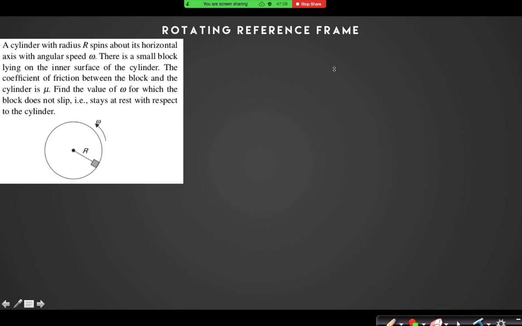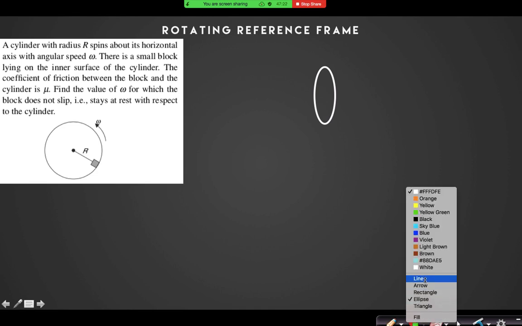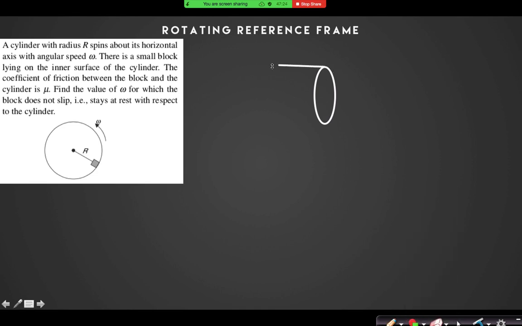What is this horizontal axis meaning? We need to understand how the cylinder is actually rotating, right? You can see that the cylinder is in this type of position. Cylinder is rotating in this position, but this is the axis of the cylinder, right?